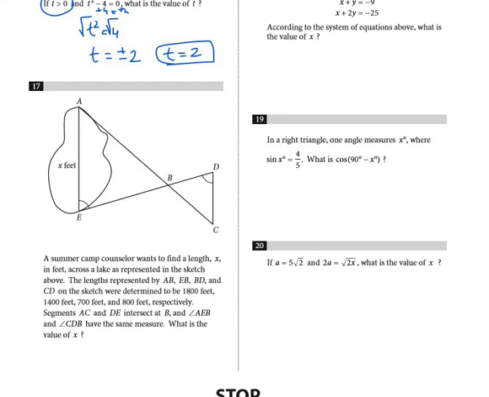The lengths represented by AB, EB, BD and CD on the sketch were determined to be 1800 feet, 1400 feet, 700 feet and 800 feet respectively. Segments AC and DE intersect at B. So AC and DE intersect at B.